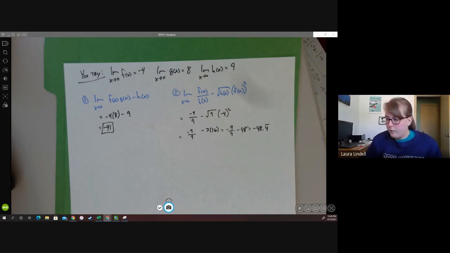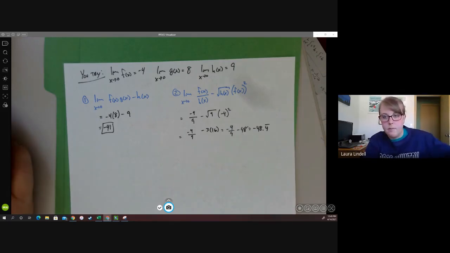All right, and then if you got negative 48.4 repeating, that is the correct answer for the second one. Any questions from either of these? Any numbers we're not sure where they came from?